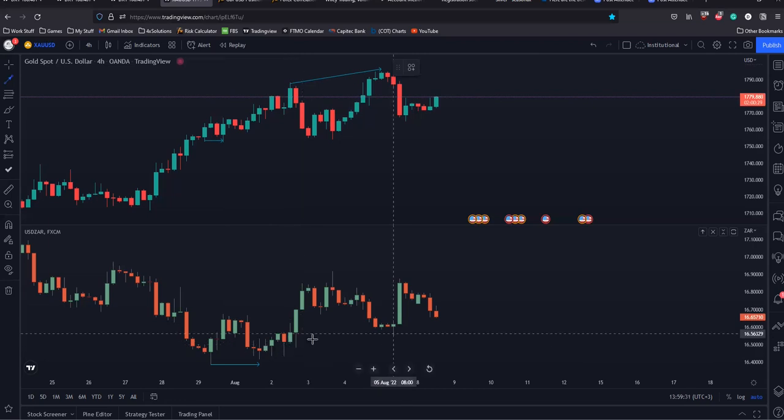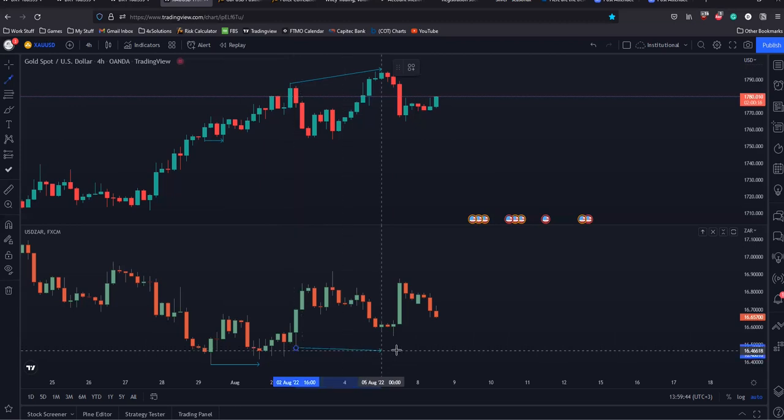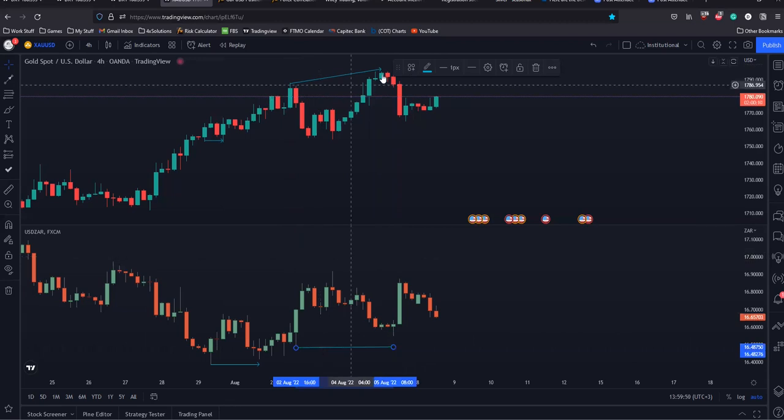So even though it's kind of hit and miss, I'm not really showing you the exact 15-minute relationship here. I'm showing you bias, okay, strength and weakness. You can see that there is weakness over there in gold, okay?